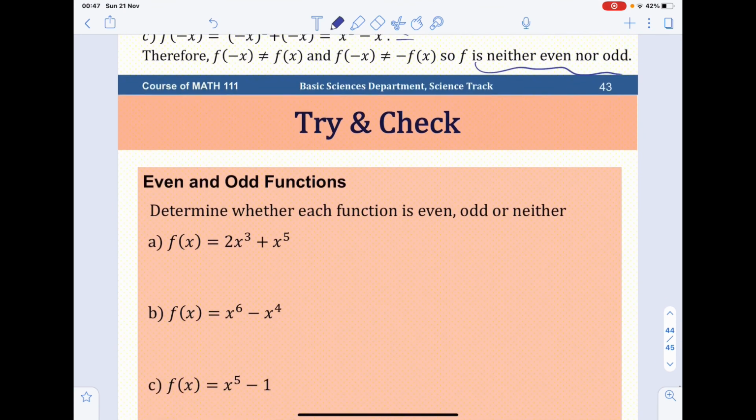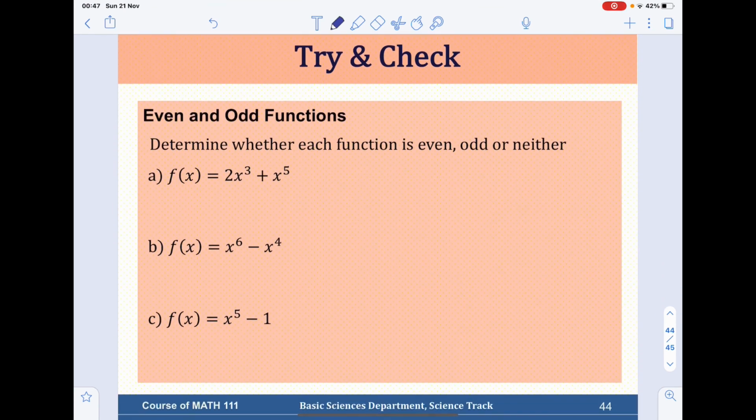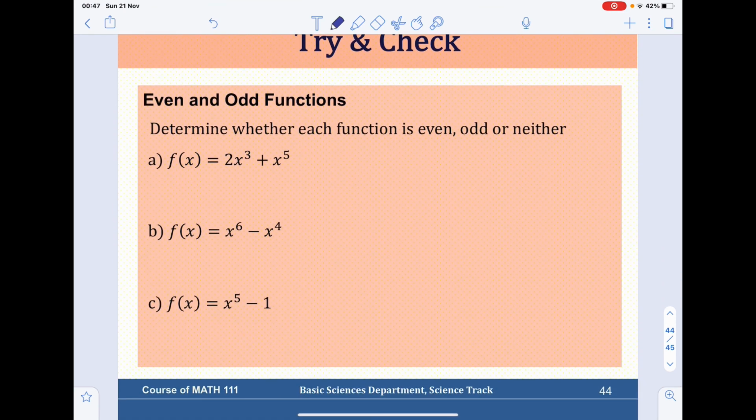Okay, so we can apply this one in these examples as well, and also we can just find f of negative x. So f of negative x equals 2 times negative x to the power 3 plus negative x to the power 5. Now, since the powers are odd, the negative will stay.